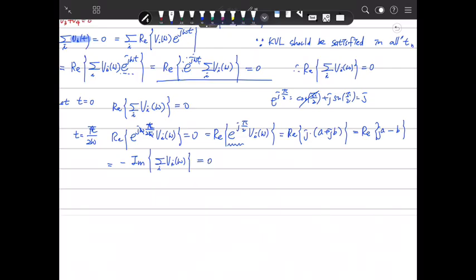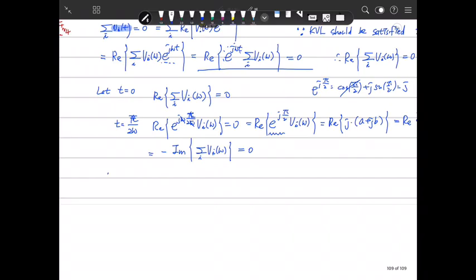So that should be 0. Therefore, the sum of Vi will be the real part plus the imaginary part, and both are 0.